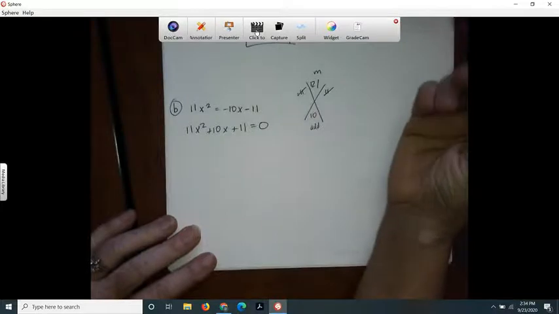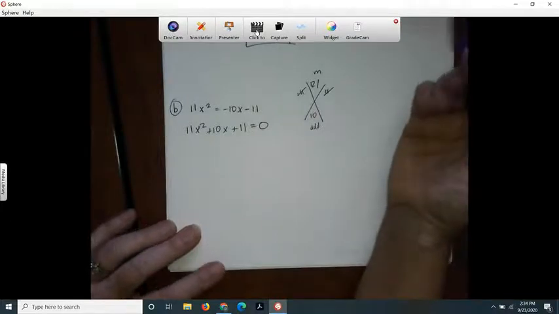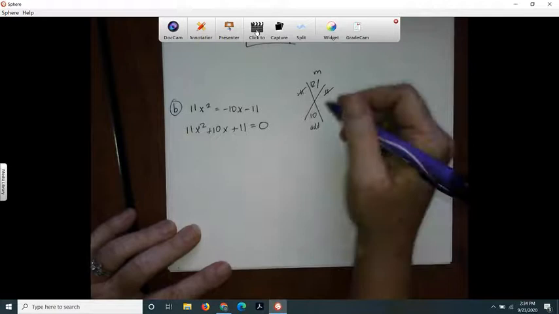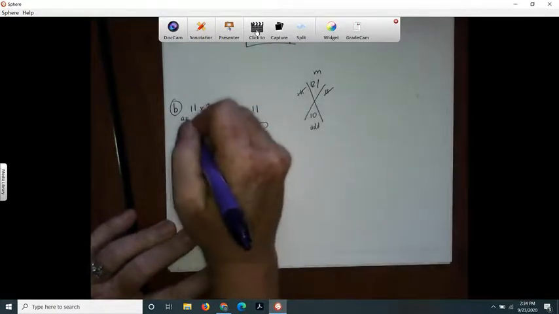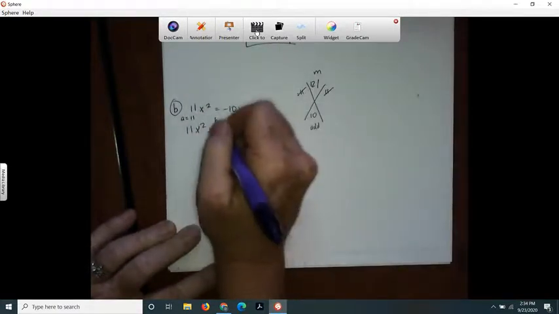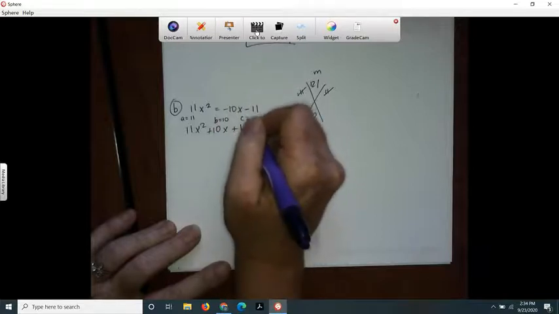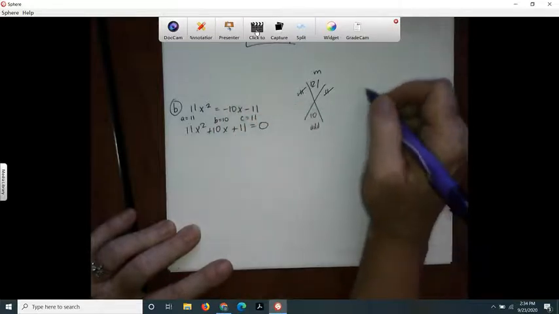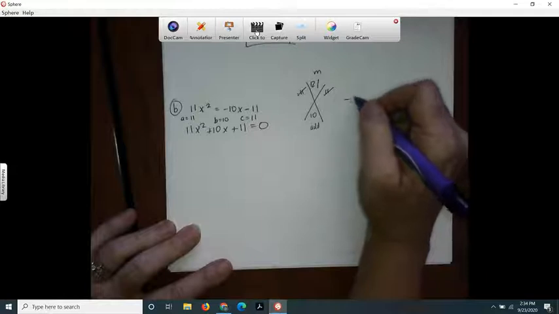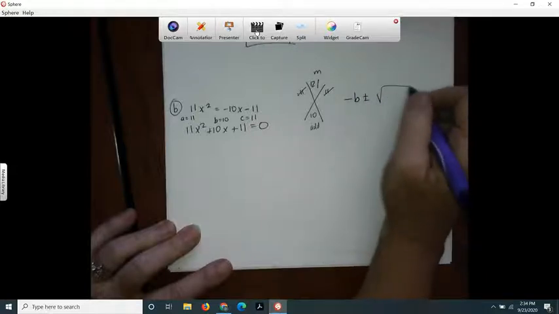So I'm just going to go ahead and get out my quadratic formula. I know that A equals 11, B equals 10, and C equals 11. And I know the quadratic formula goes negative B plus or minus the square root of B squared minus 4AC, all over 2A.